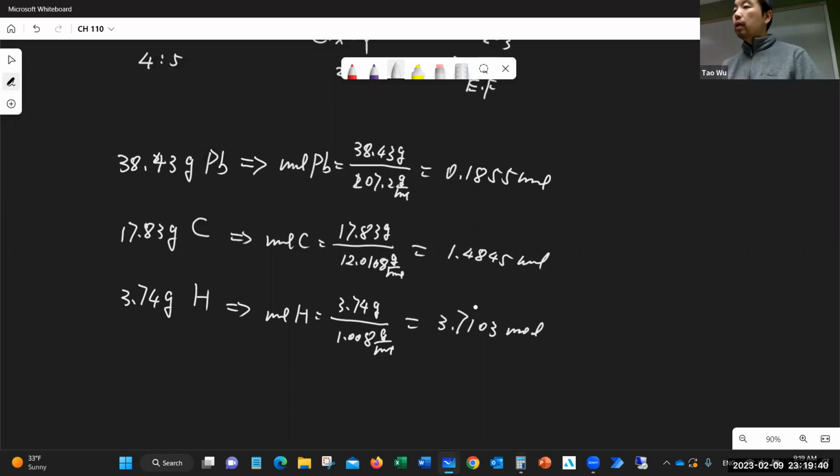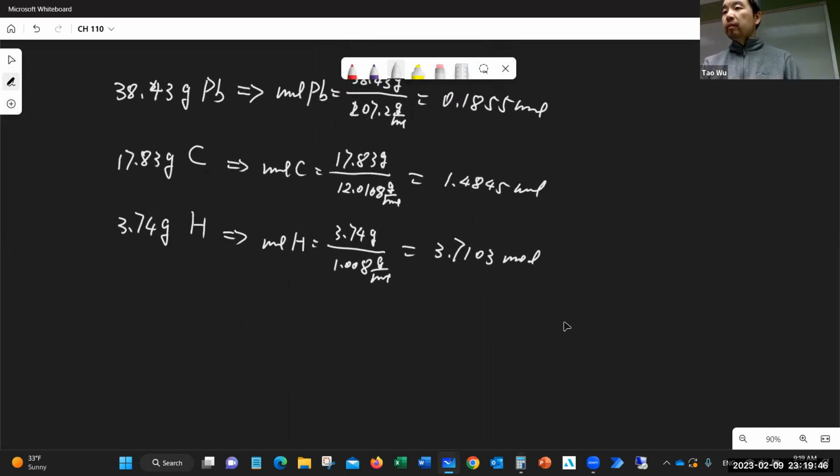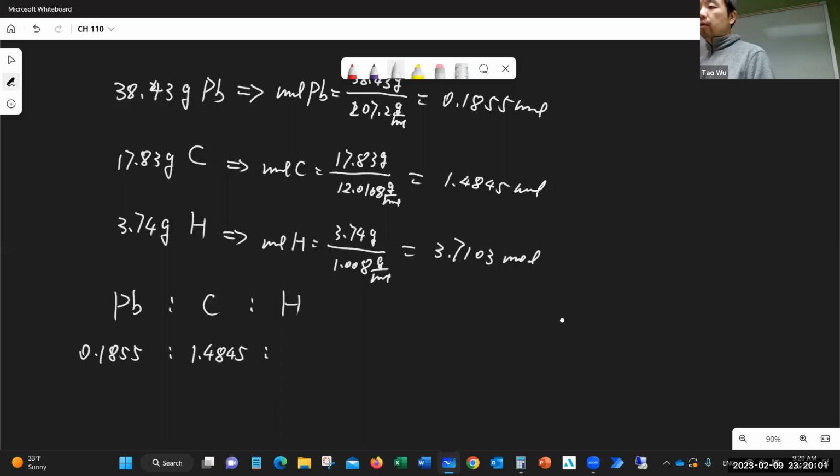Okay, so now we got this, which means the ratio between each of those elements, lead versus carbon versus hydrogen, will be 0.1855 versus 1.4845 versus 3.7103.